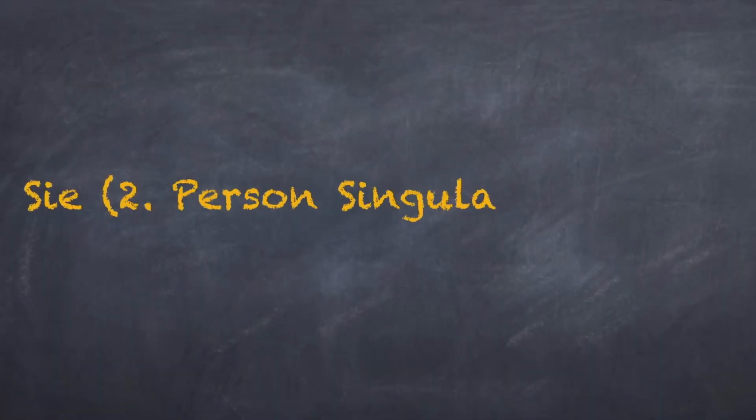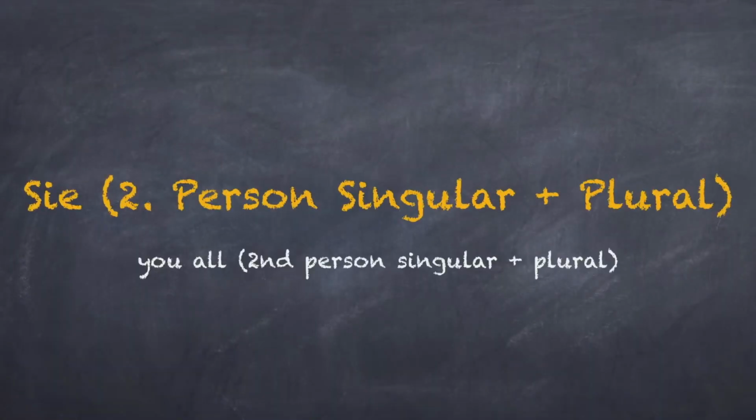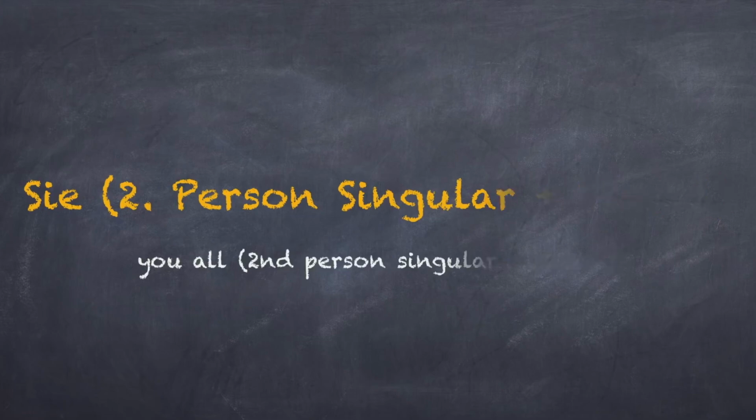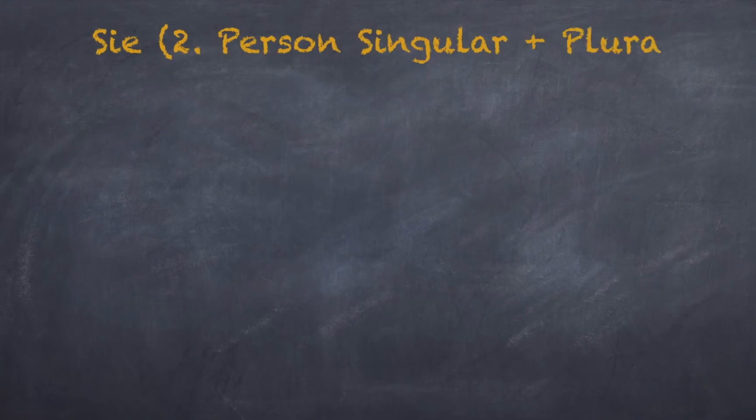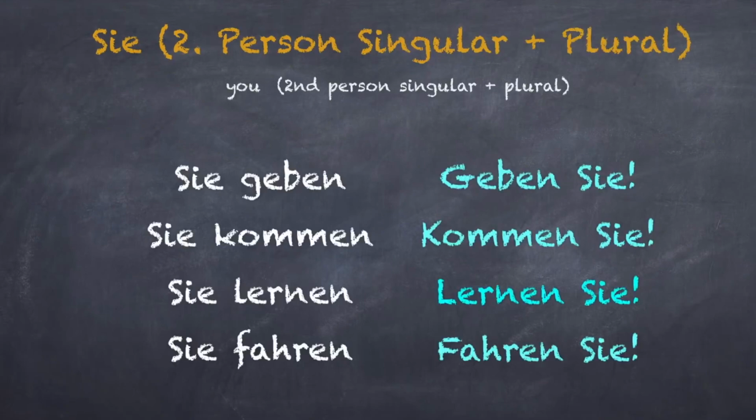Great! Now let's move on to sie. Zweite Person Singular und Plural. This is the easiest form for making imperative. Here again we have 4 examples. Sie geben changes to geben Sie.